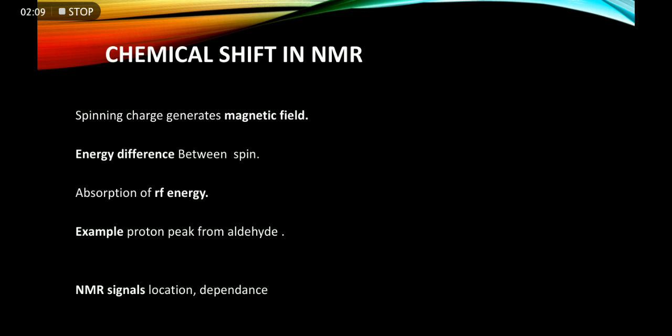An example is a proton peak from an aldehyde. Since it is an electron withdrawing group, the carbonyl de-shields the proton by reducing the local electron density. The difference between 2.34780 and 2.3478 is therefore about 42 parts per million.